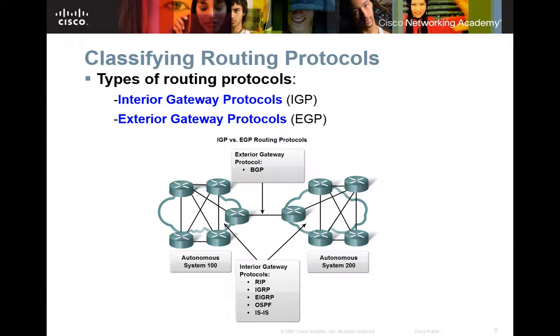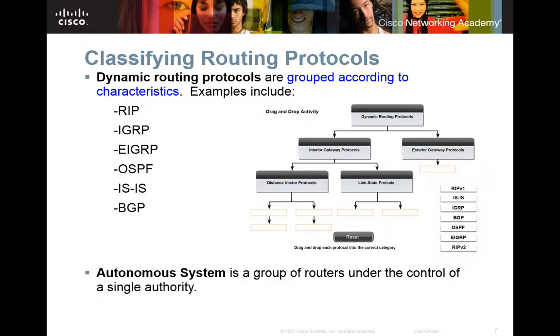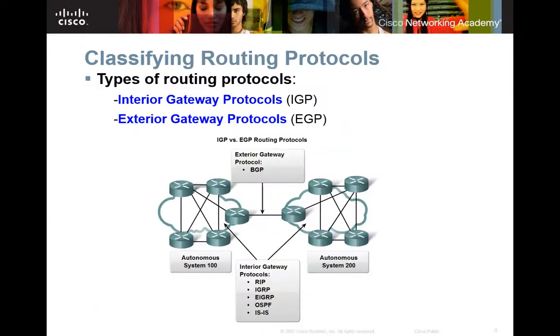What is an autonomous system? It's just a group of routers that have one single authority. That's the single authority for all these routers. All these over here on the right have that middle one.